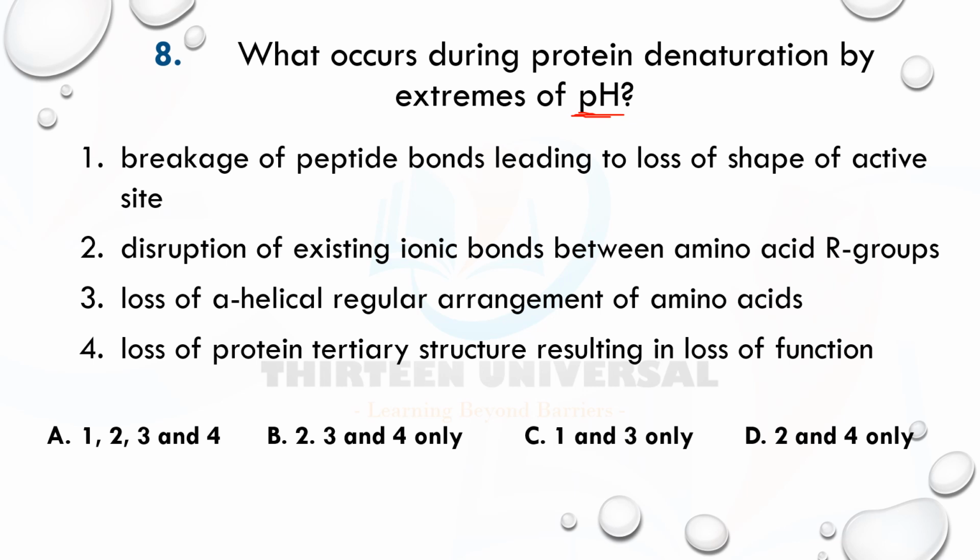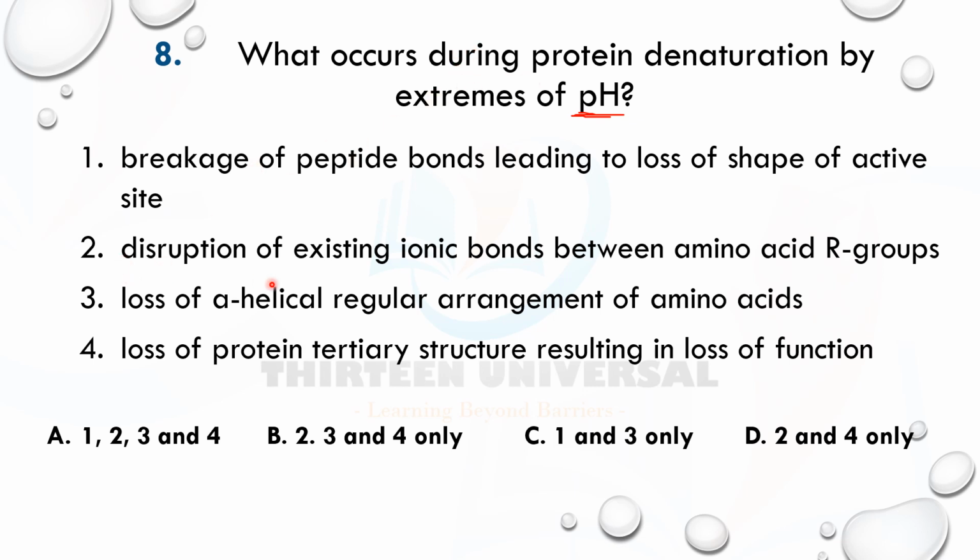It does not break the peptide bond. Look at number one, read it with me. Breakage of peptide bond leading to loss of shape of active site. Number one is not correct: a peptide bond is not broken by pH. It's broken by the enzyme peptidase. So this cannot be there. It is not part of the reason why enzymes denature.